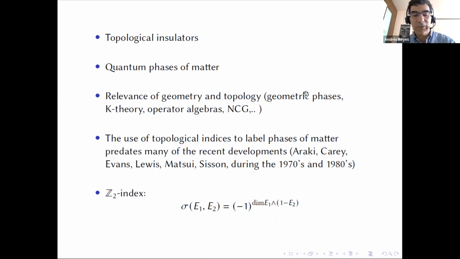It displays a thermal phase transition, and contrary to what one would expect naively, there is a topological invariant labeling the phases, no? So that is a strong motivation for my work, as I will try to explain below.